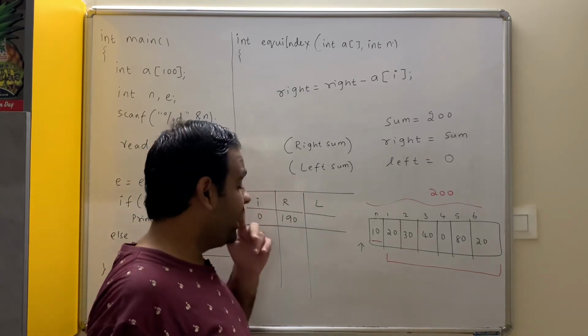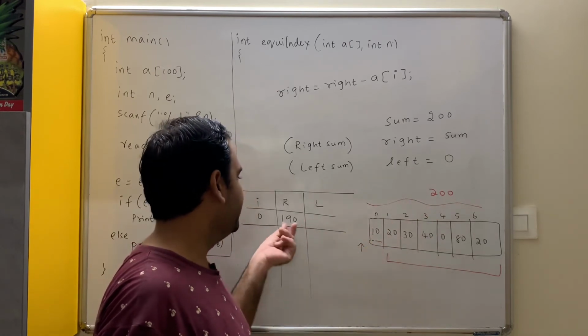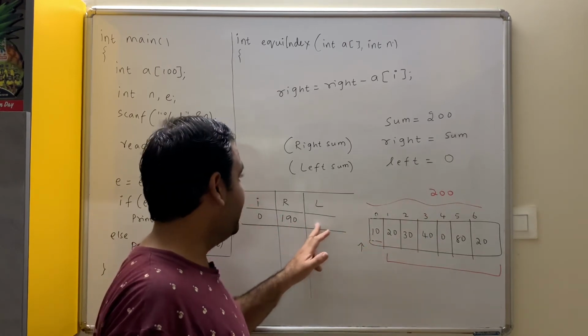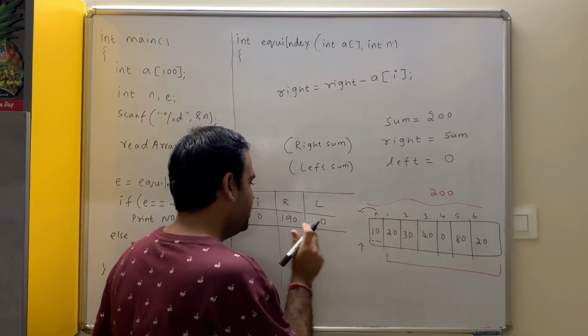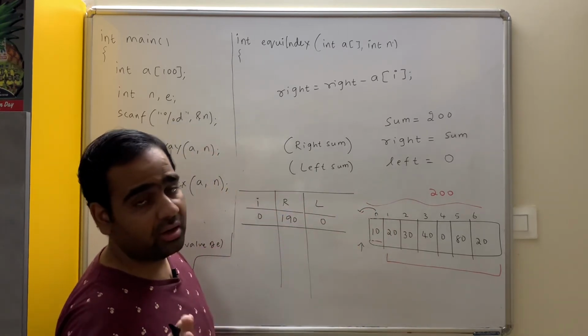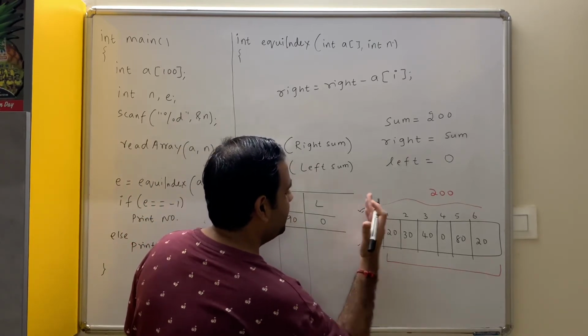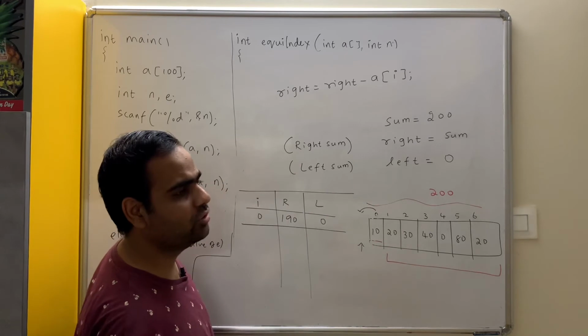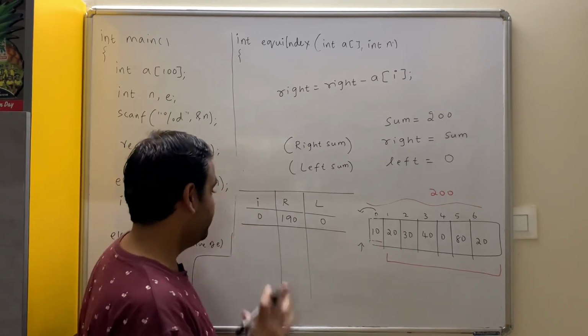Now, right minus a of i, 200 minus 10, is 190. And what is the left sum at index 0? It is still 0. Are these two equal? No, sir. That means at index 0 the right side is 190 and the left side is 0. Therefore 0 is not an equilibrium index. You would think how to code it; I am saying the method.